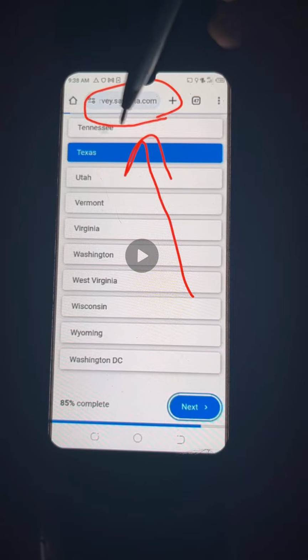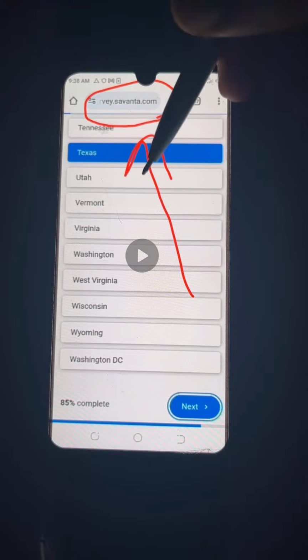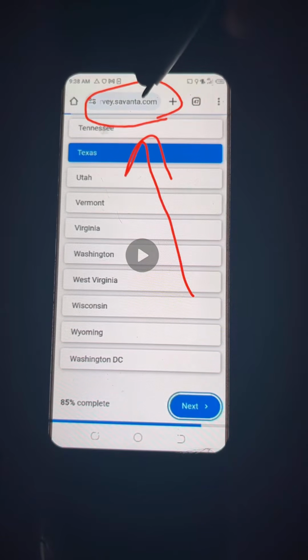You understand? Five Survey platform. That's a third party platform. It's just an intermediary between users and main survey sites. So they are not the real survey companies. So from Five Survey, I got access to this, right?